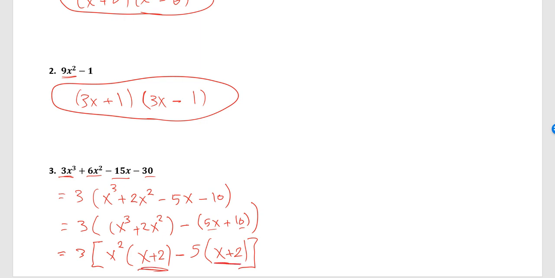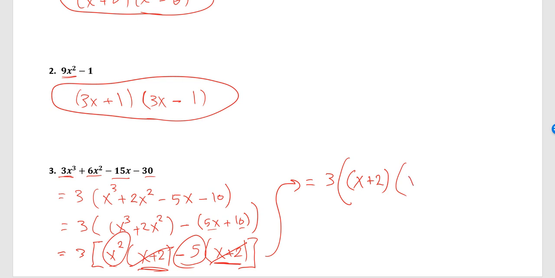So we can factor out that x plus 2, so we have 3 times x plus 2, factored out, and then we would be left with x squared minus 5.